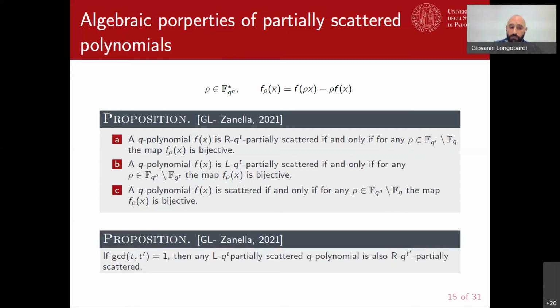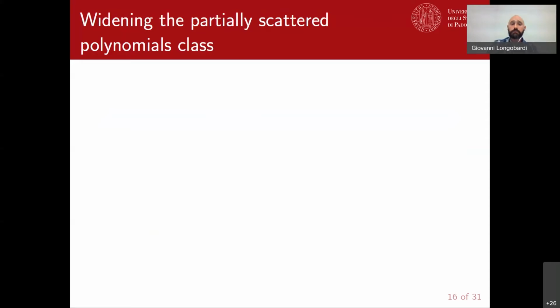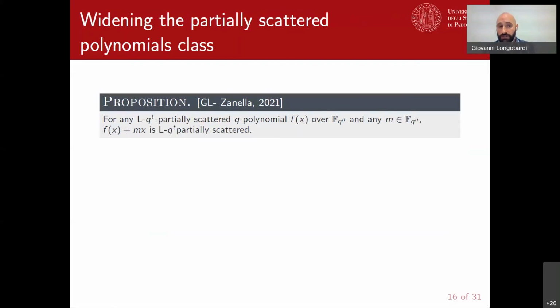Another very simple proposition is that if the greatest common divisor between t and t prime is 1, any L, q^t partially scattered polynomial is also an R, q^t prime partially scattered one. Now we want to construct some partially scattered polynomials from others.